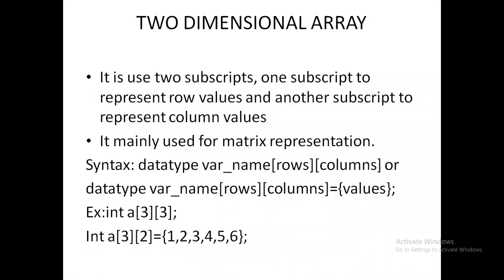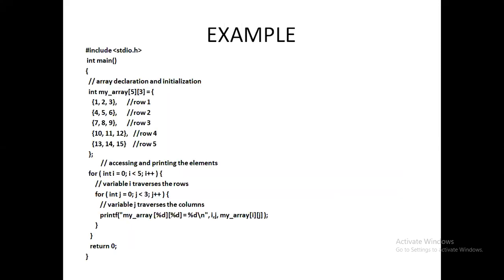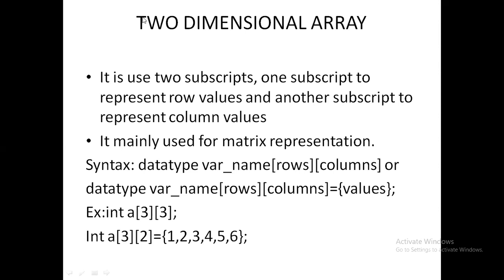Now two-dimensional arrays. Two-dimensional arrays also work the same way. For example, int a of 3 comma 2. If I want to initialize all in one go, I will use braces. Here, what will be stored? I will write this so that you can understand.